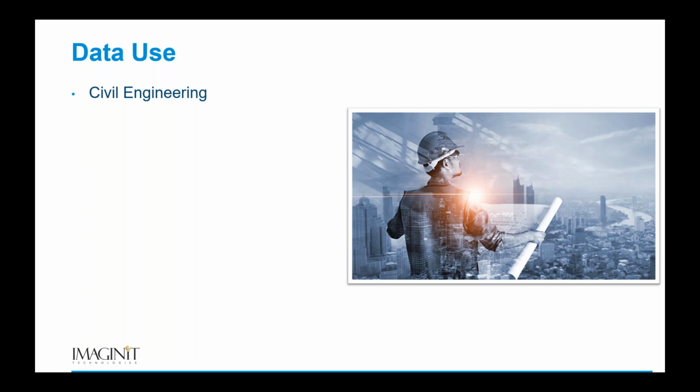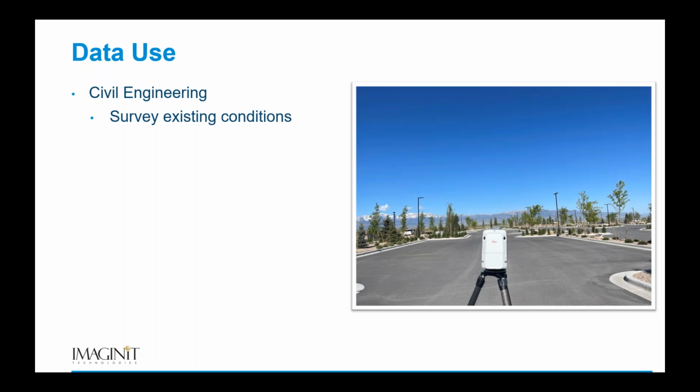Okay, so think about that a little bit, and then we'll talk more about the design aspect as I go forward here. Surveying existing conditions. If you take a look at this parking lot, you can see it's rather large, and I certainly didn't scan the whole thing, but I was able to get a good curb layout in really 45 minutes.